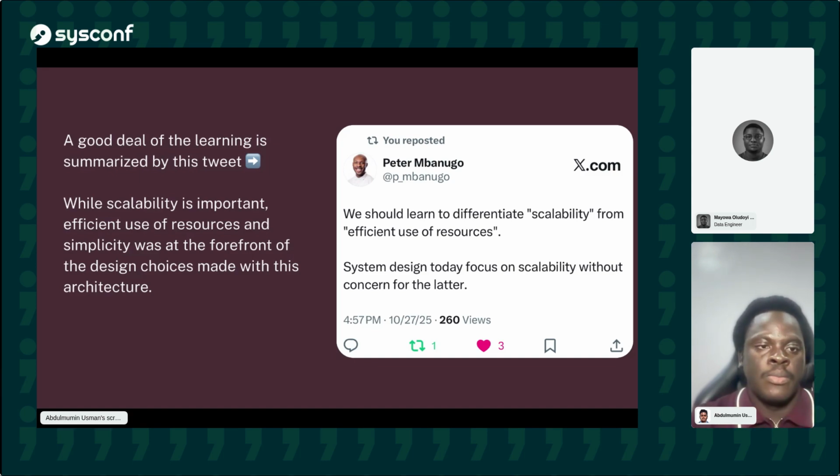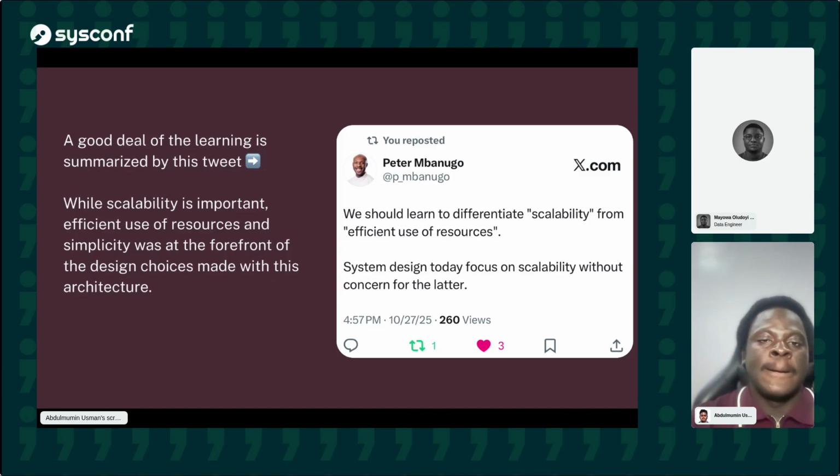Drilling deeper, from the user's point of view, you're respecting the user's resource, for example the battery.